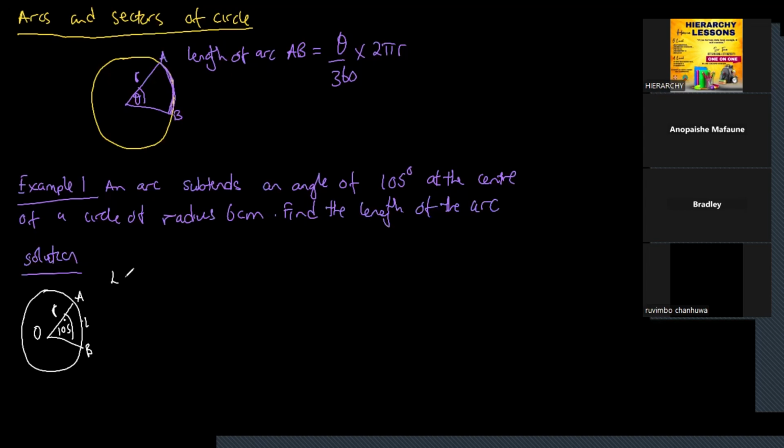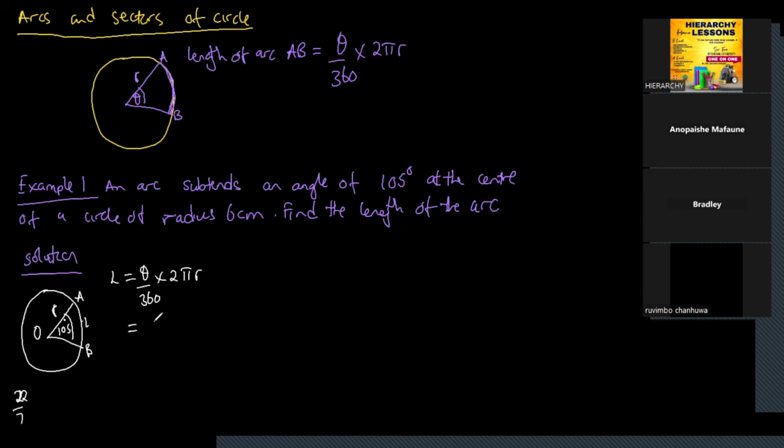So we know that the length of arc is equal to theta over 360 times 2 pi r. It depends on the value of pi that you've been told to use. Usually you're told that pi is equal to 22 over 7. It's a constant.